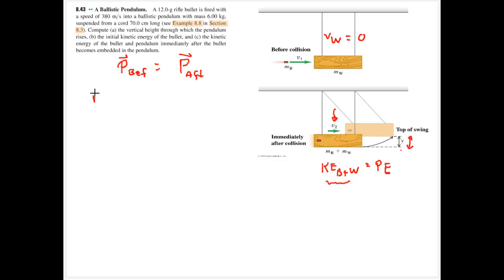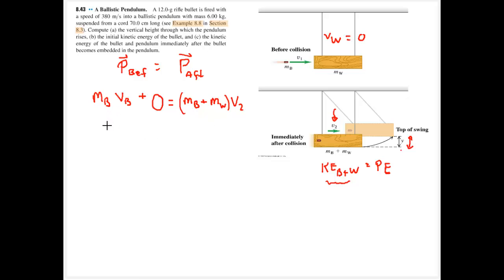So beforehand, I have the mass of the bullet multiplied by the velocity of the bullet plus the momentum of the wood, which is going to be 0. All of that is going to be equal to the mass of the bullet plus the mass of the wood multiplied by the combined velocity of the two.